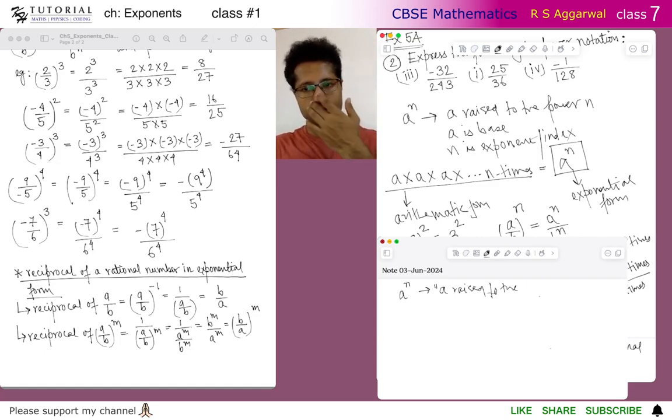When we say a by b raised to the power n, it is in exponential form. Essentially, we are expressing the exponential form in rational form.